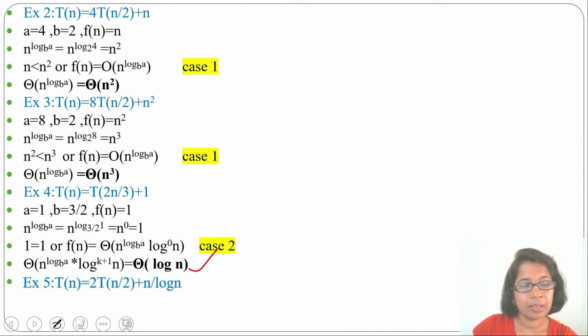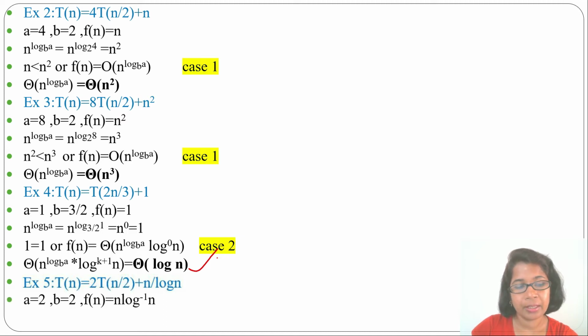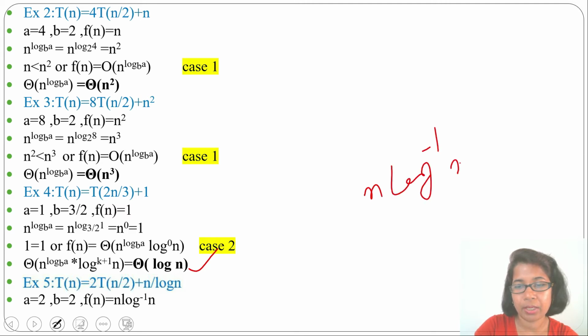Next example, T(n) = 2T(n/2) + n/log n. Here a equals 2, b equals 2 and the function equals n/log n, which we can write as n log power minus 1 n. Next we need to find n power log a base b. So n power log 2 base 2 will be n. Next, we need to compare f(n) with n power log a base b.